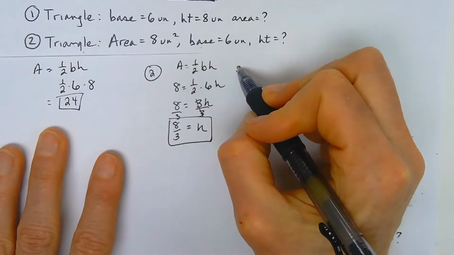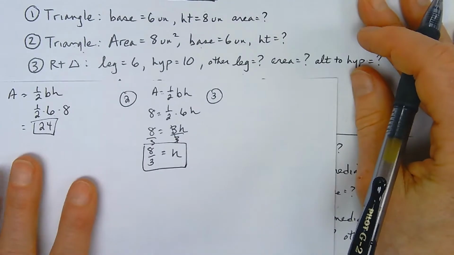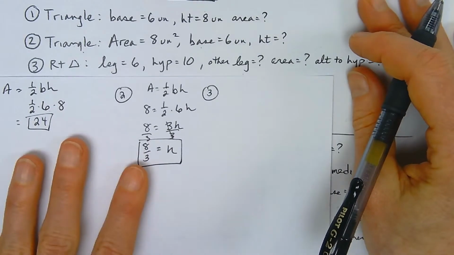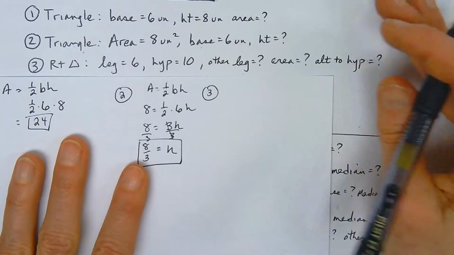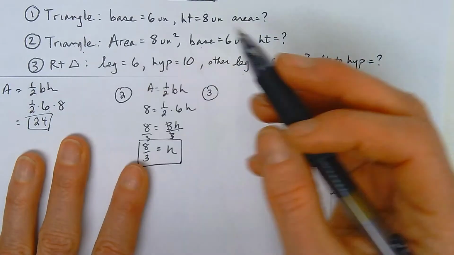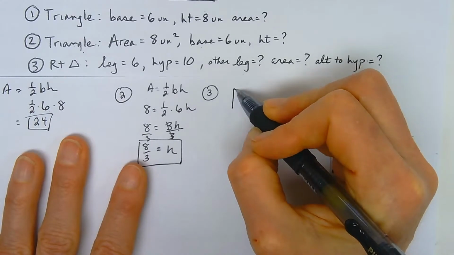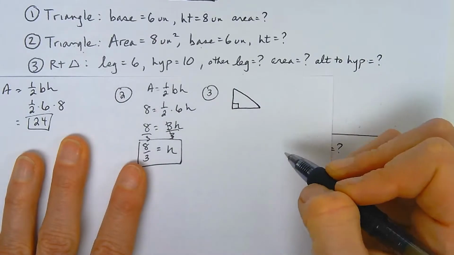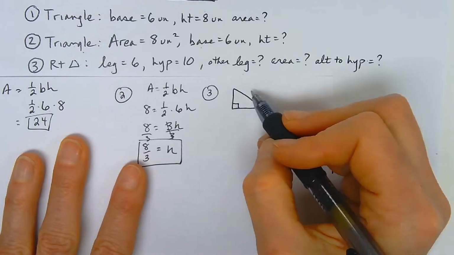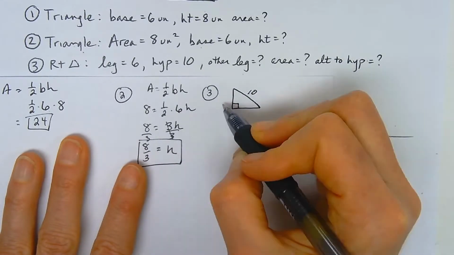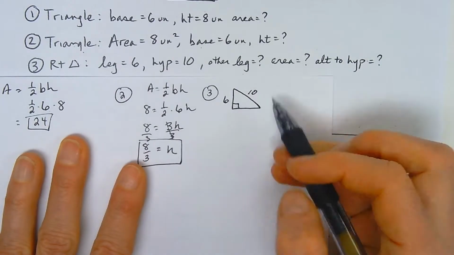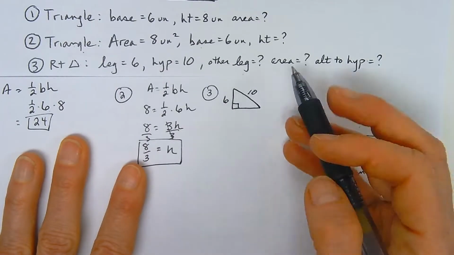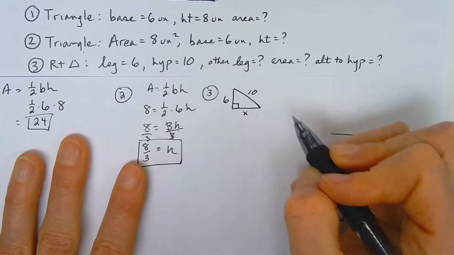Number 3. Now this one I did in class. I'll go ahead and go through it again just in case you missed it. We have a right triangle. So I'm going to draw a right triangle. And I'm told that with this triangle, the hypotenuse is 10 and one of the legs is 6. And I'm asked to find the other leg. Let's call it x.